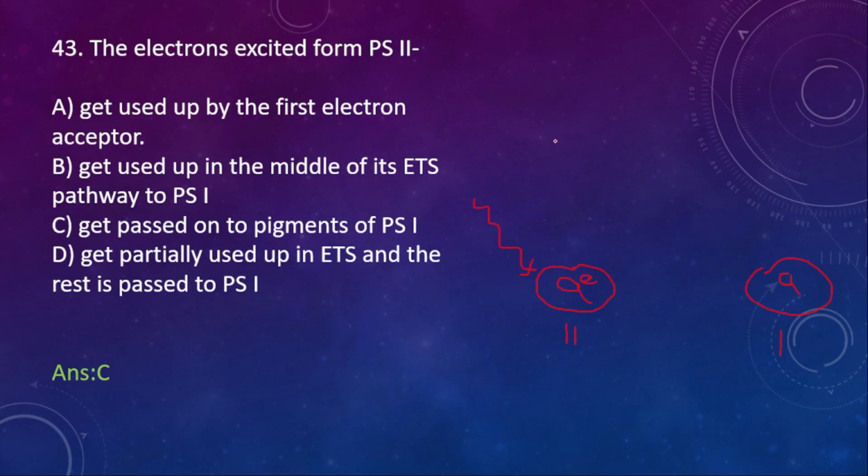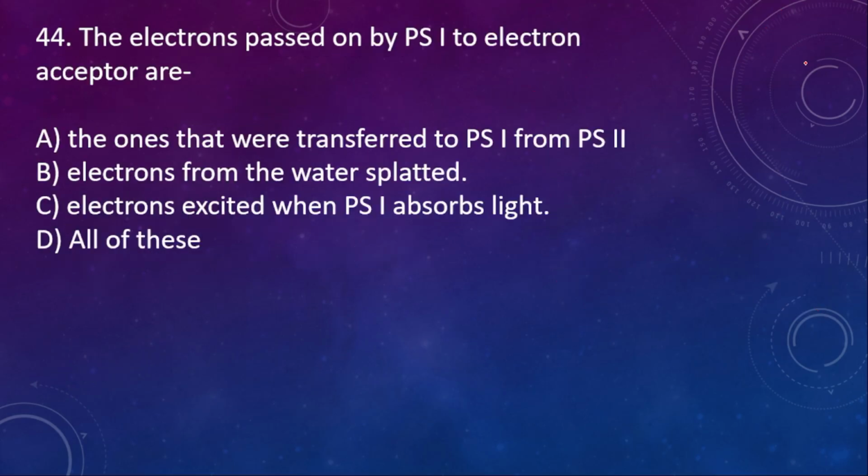The electron is excited and then it is accepted by the first electron acceptor. Then next, it is going to be passed to whom? To PS1. Then it is processed to the next one. Lastly it is used to form the products, that is ATP and then NADPH. So here the right option is C.